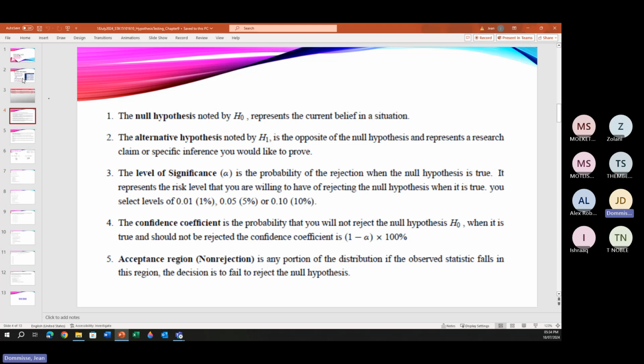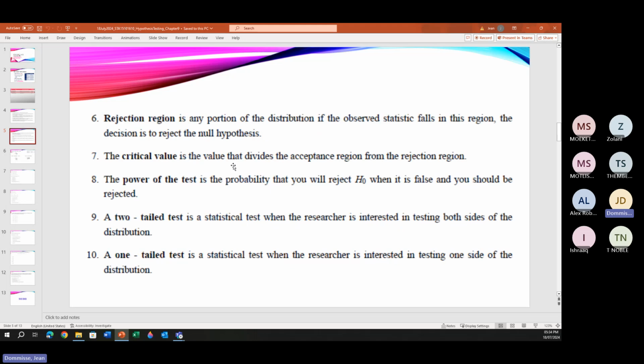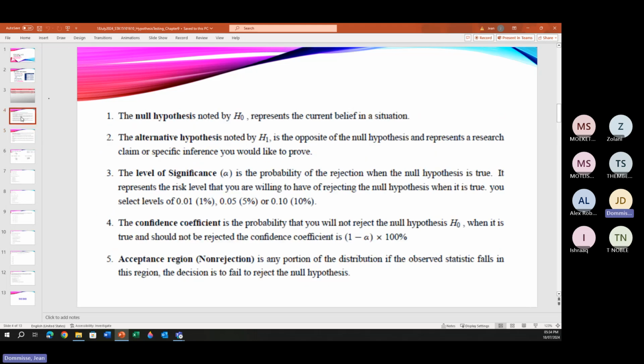We had the same when we looked at confidence intervals. We will look at nearly 10 steps, but some of them are grouped together, so it might actually be a bit less.